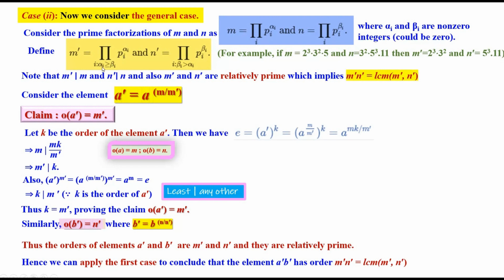See here, alpha i greater than or equal to beta i. If I consider 2, it is not present in n, so I have 2 power 0, and here I have 2 cube. So 3 is greater than 0, and when it is greater than 0, I should put this number in m prime. Then consider 3 square, here I have 3 square and here also I have 3 square.